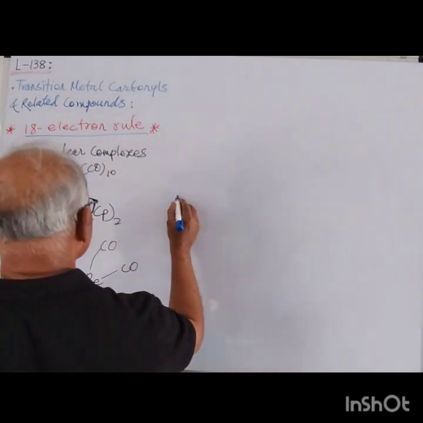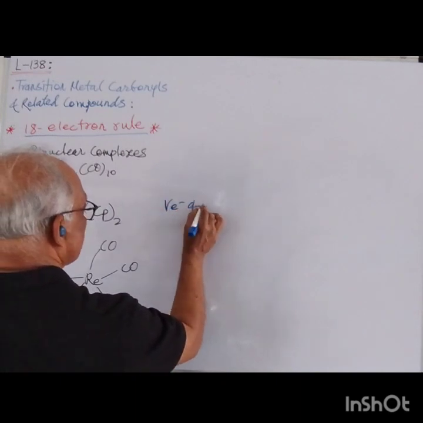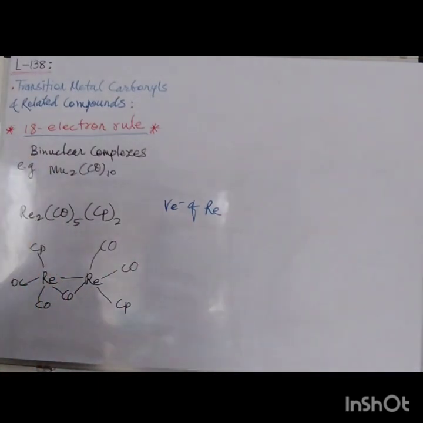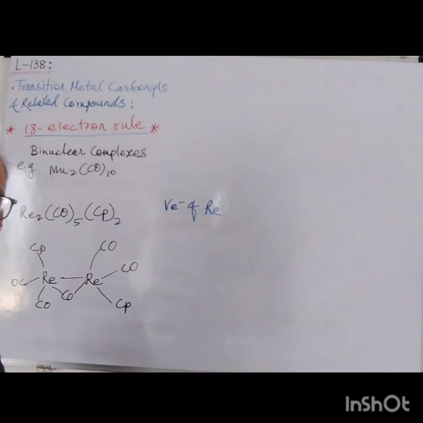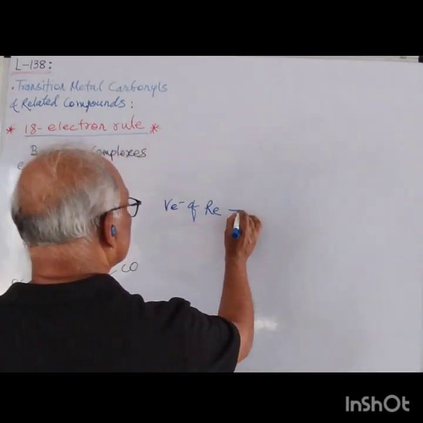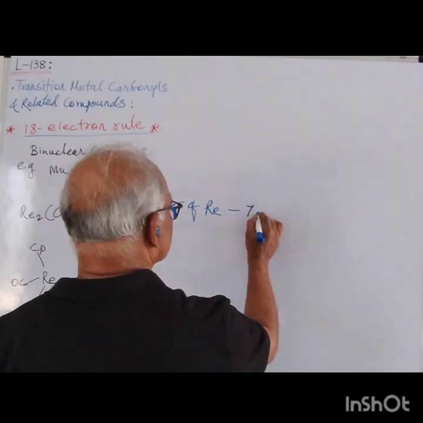So metal valence electrons of Re, there are 2 Re, but we are calculating the 18 electron count for only one of them, because both Re will have the same count. So we are considering here only one Re. It has 7 valence electrons.